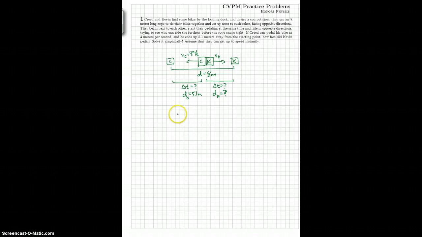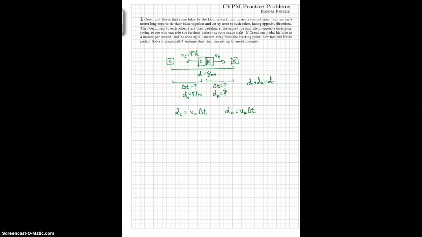Okay, so if I look at what CVPM tells me at the motions, it tells me that Creed is going to go that far in his amount of time, and that Kevin is going to go that far in his amount of time. The only other thing that we know is that Kevin's distance plus Creed's distance equals the total distance.